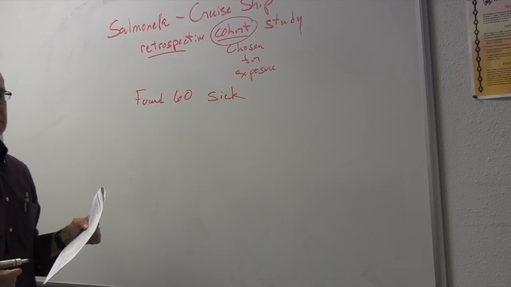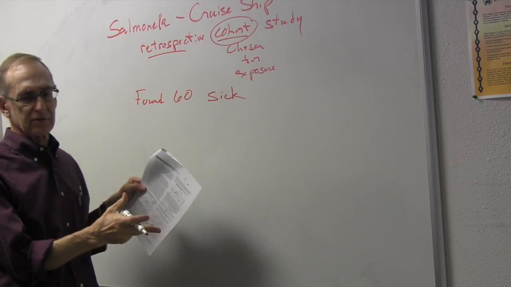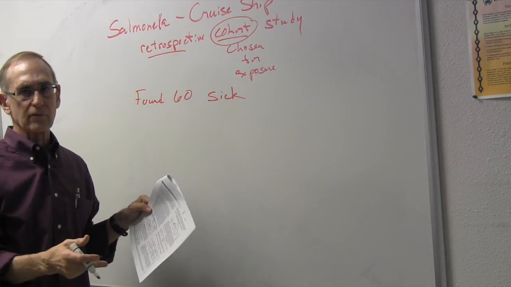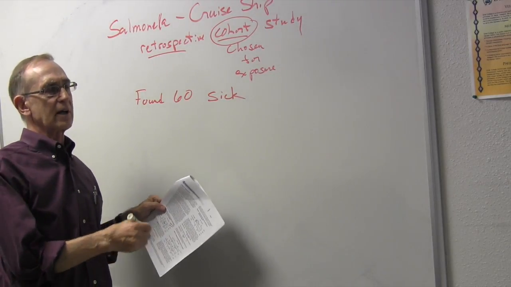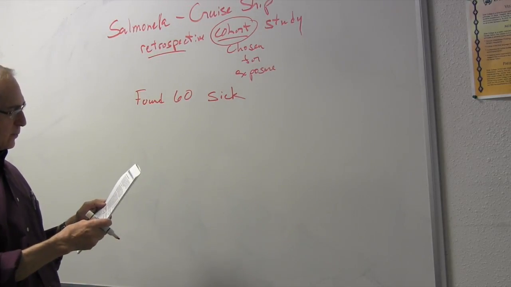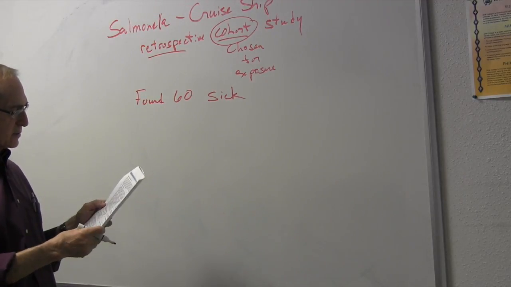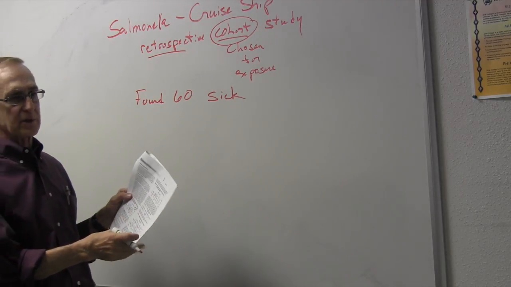And of course, the standard CDC procedure, outbreak investigation, you suspect food. So you go through food questionnaires and ask everybody what did they eat, when did they eat it, what was on it. One of the questions was whether they ate the tomatoes from the salad bar.